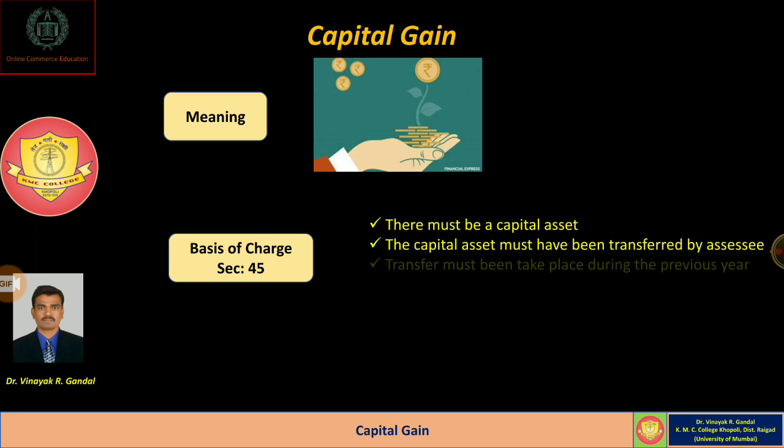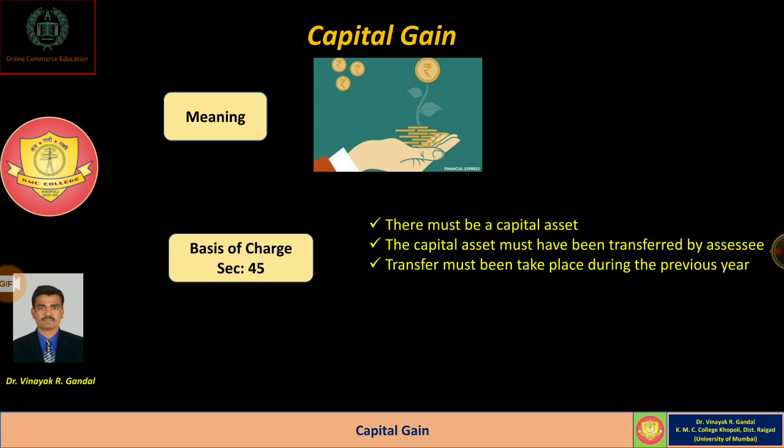And the third condition is that the transfer must take place during the previous year. Whatever transfer of capital asset is undertaken during the previous year, the capital gain arising from that capital asset is chargeable to tax if there is a capital asset and it has been transferred by the assessee.